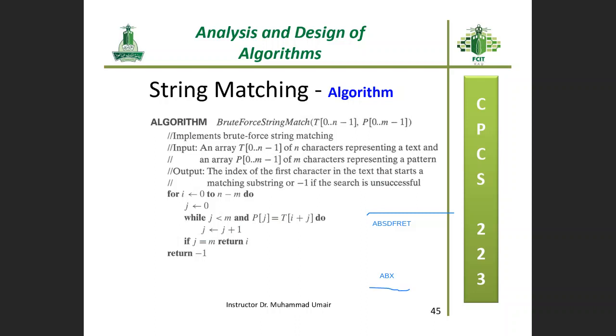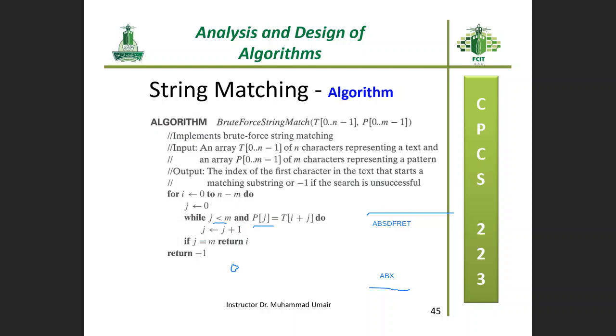So what will happen if you start with i equal to 0? i is 0. j will also be initialized with 0. So is j less than m? Yes, it is true because m is 3.